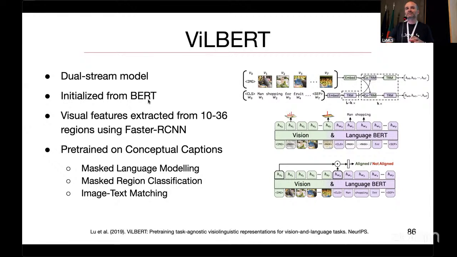They pre-trained this on the Conceptual Captions dataset with a masked language modeling task, which you learned about a few days ago in the Transformers lecture. Masked region classification, where for each of the regions of interest, the model tried to re-predict the probability distribution over the possible objects and things in that part of the image. And also image-text matching, which was inspired by the next sentence prediction task that Shweta mentioned on Wednesday.